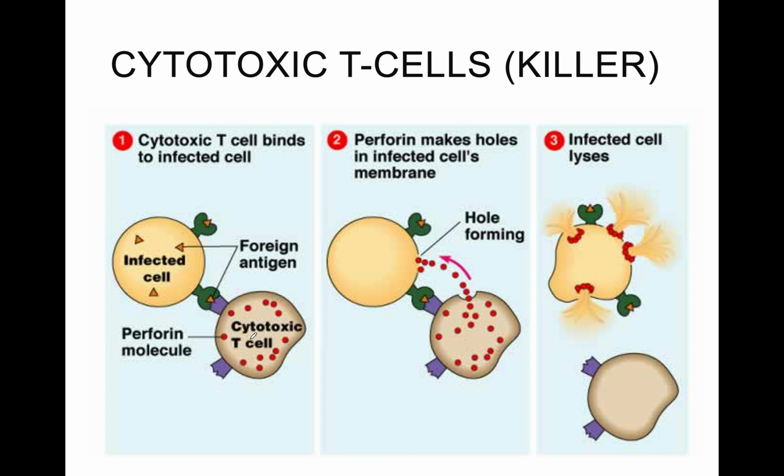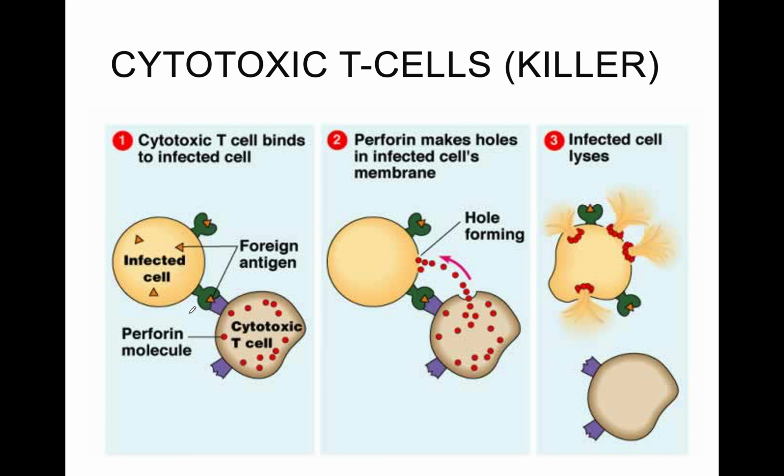So what they do is take over a host cell and use the host cell's cellular machinery to produce new viruses. The cytotoxic T cell is able to destroy and neutralize those infected cells.